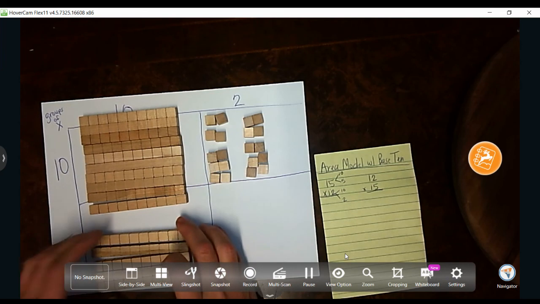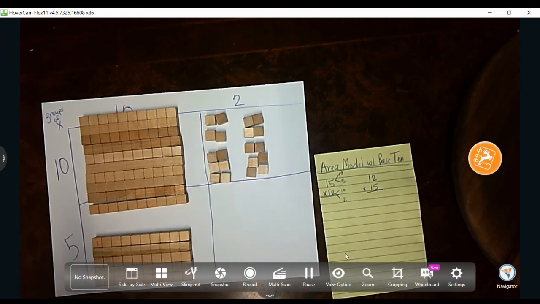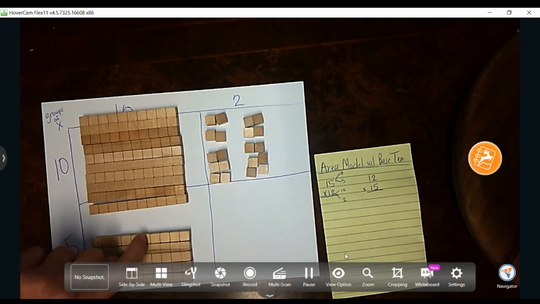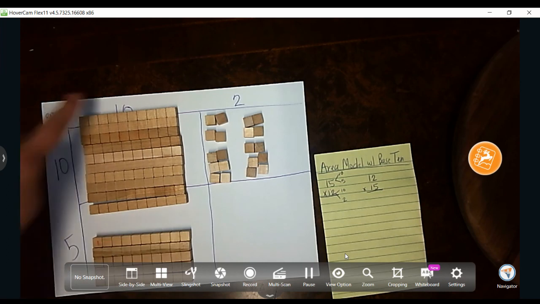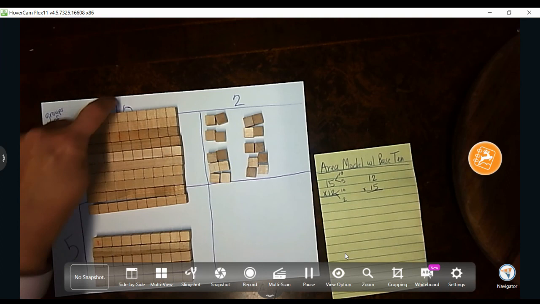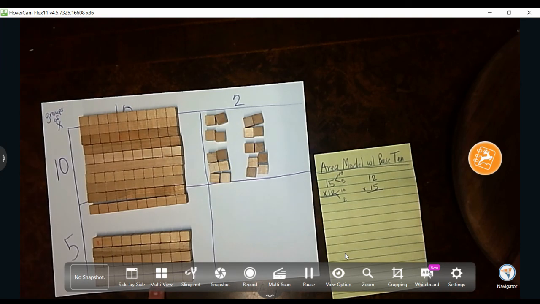So when I look at this like an array, I see that I have 5 groups of 10. 5 times 10 is 50.